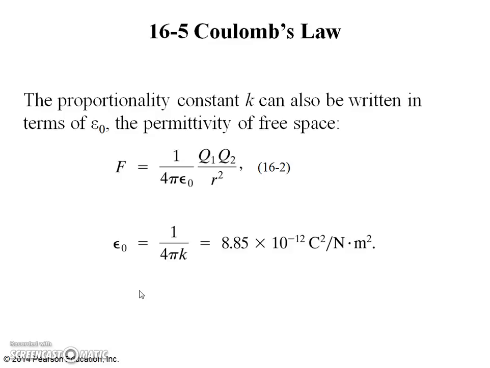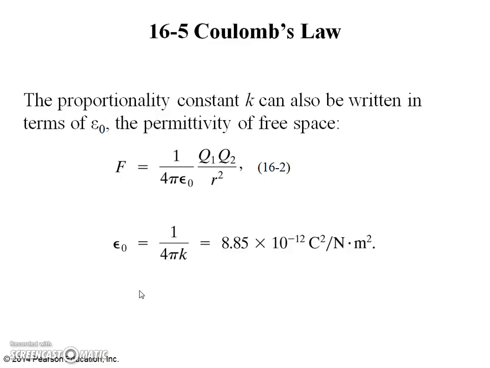And so Coulomb's law can be rewritten as this, that you see over there. Now this equation looks a little bit more complicated, doesn't it? But other fundamental equations that we haven't seen yet are similar in terms of epsilon naught rather than k. Now it doesn't matter which equation you use, this one or the previous one.